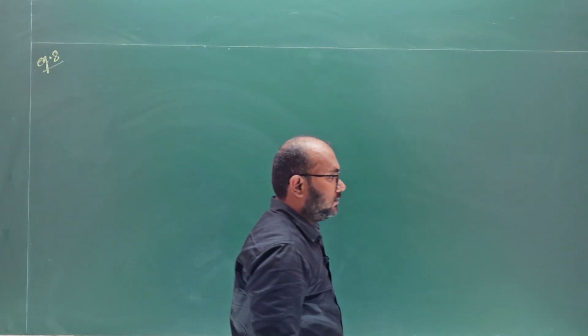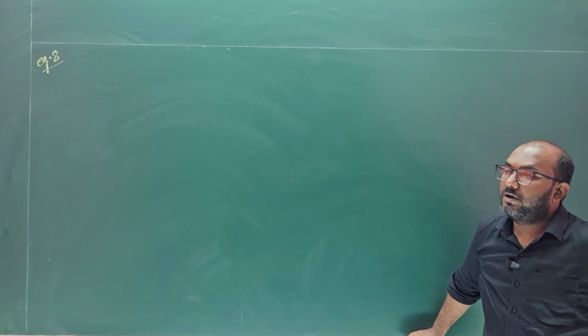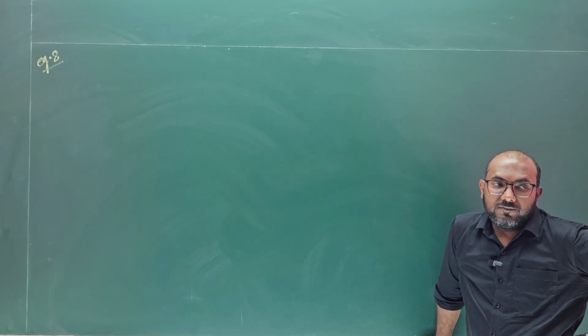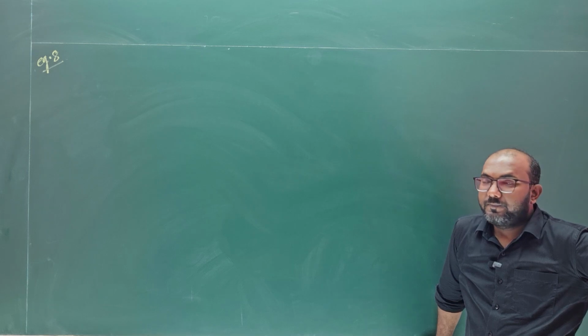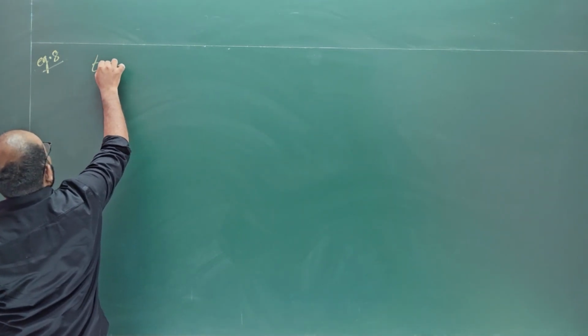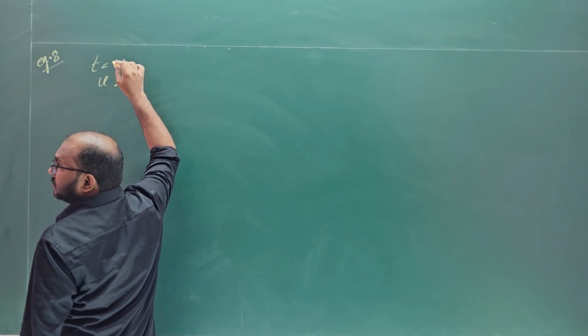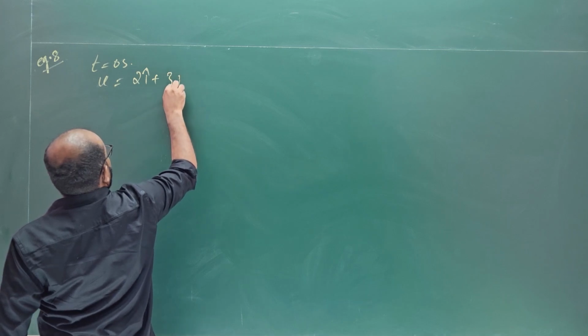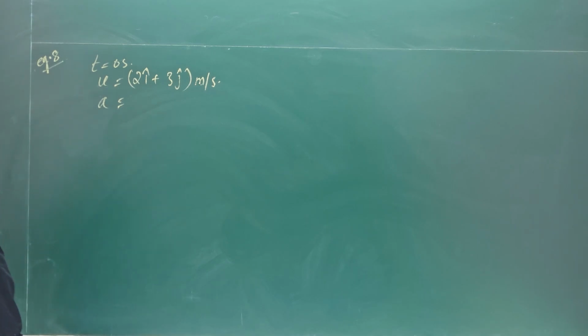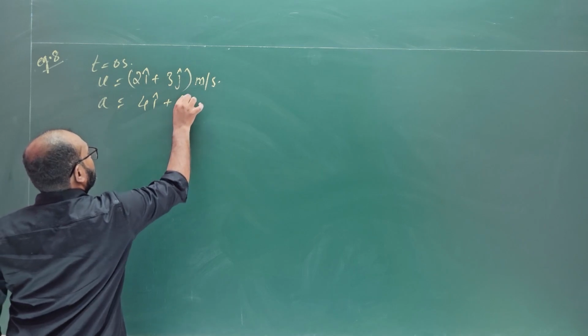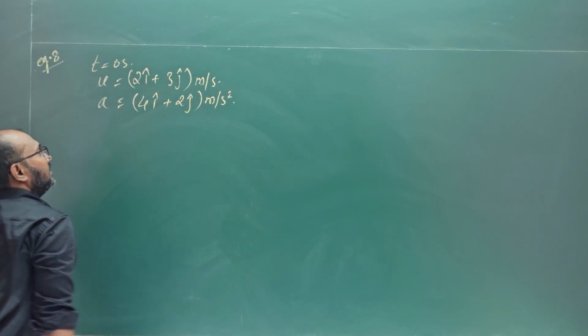Write down the question. The velocity and acceleration of a particle at t equals 0 seconds: u is equal to 2i cap plus 3j cap, and acceleration is equal to 4i plus 2j cap.